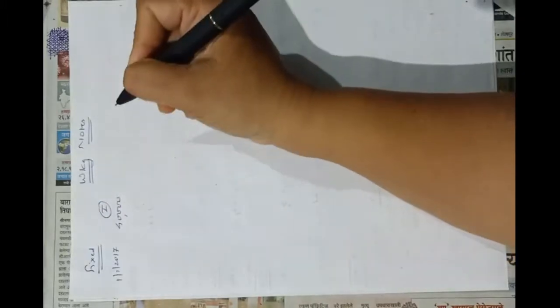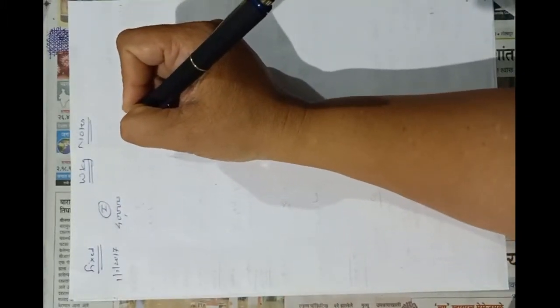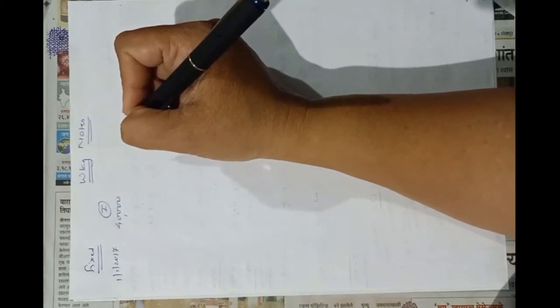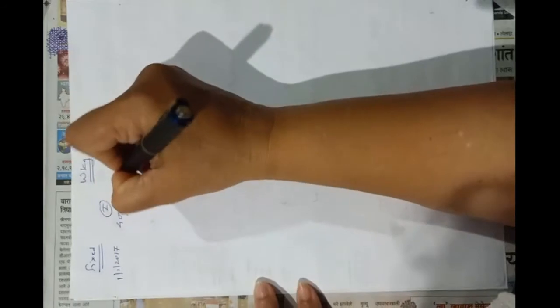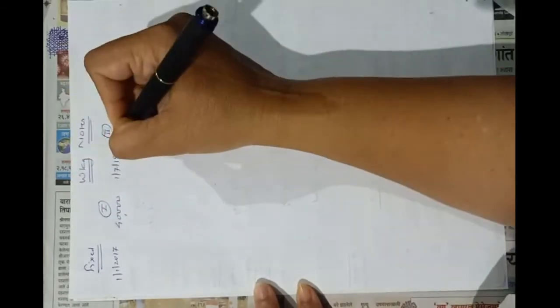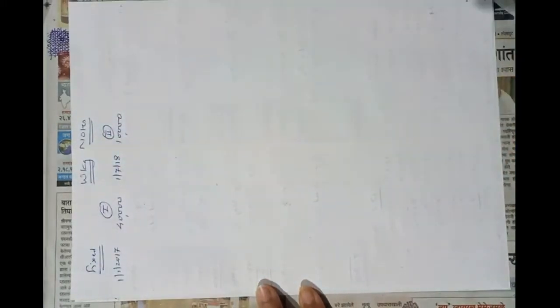Now, they told us that on 1st July 2018, they purchased one new machinery costing rupees 10,000. This is their second machinery.